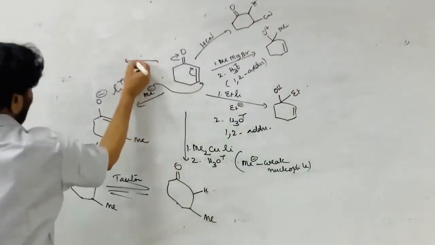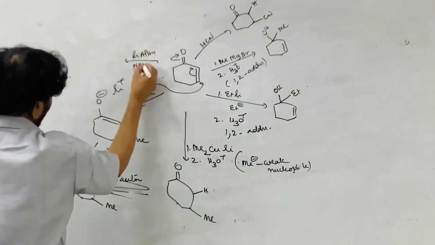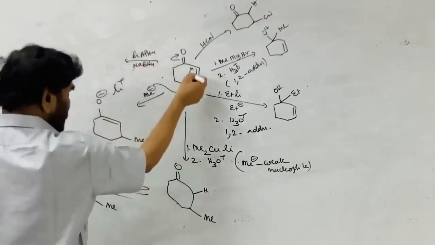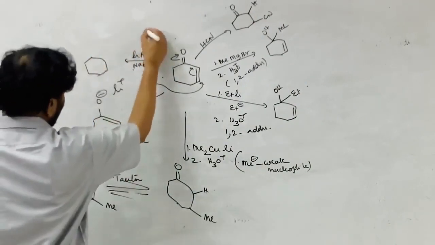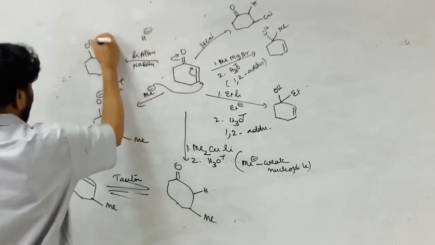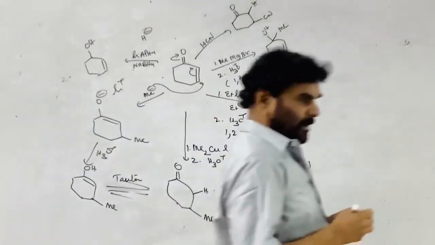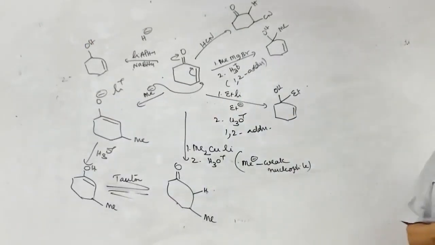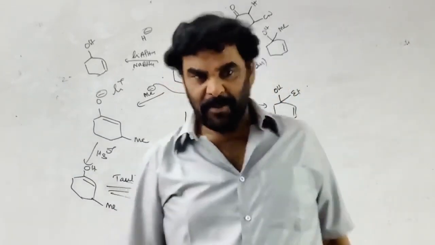If it is treated with lithium aluminum hydride, that is, sodium borohydride, then the double bond is not affected. Here the 1,2 addition takes place because the H- ion is a strong nucleophile. This is not affected. So this is the conjugate addition. So this is something about the Michael addition.